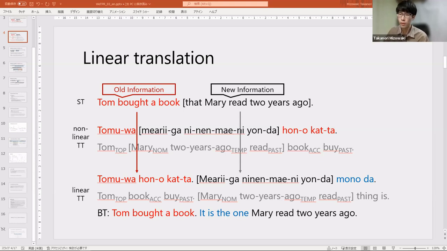Because when we prepare the linear translation and non-linear translation, we change the function words and the position of the content words.